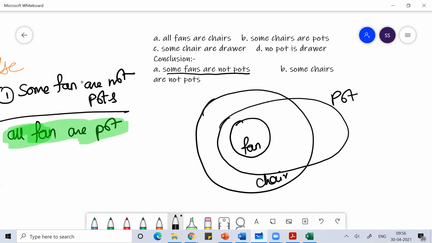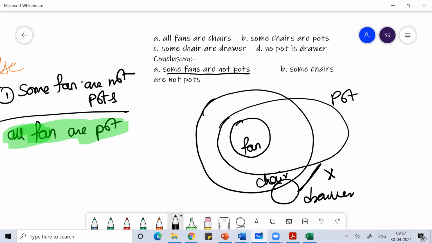Then some chair are drawer. Okay, and no pot is drawer. Did I violate any of the statements anyhow? You can see all fan are chair. Yes. Then some chair are pot. Yes.